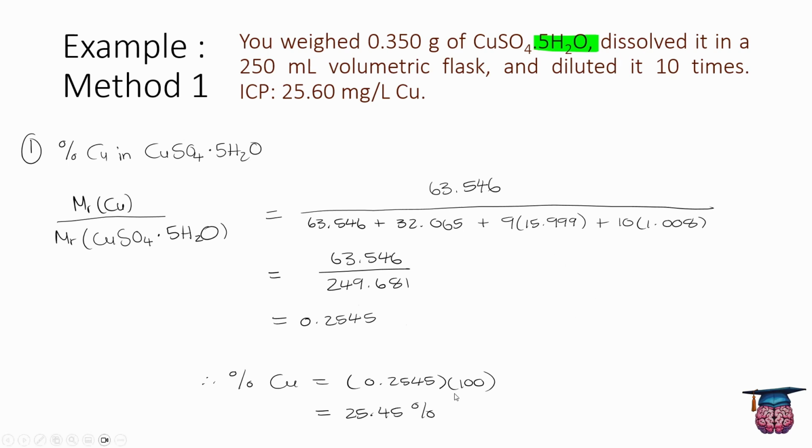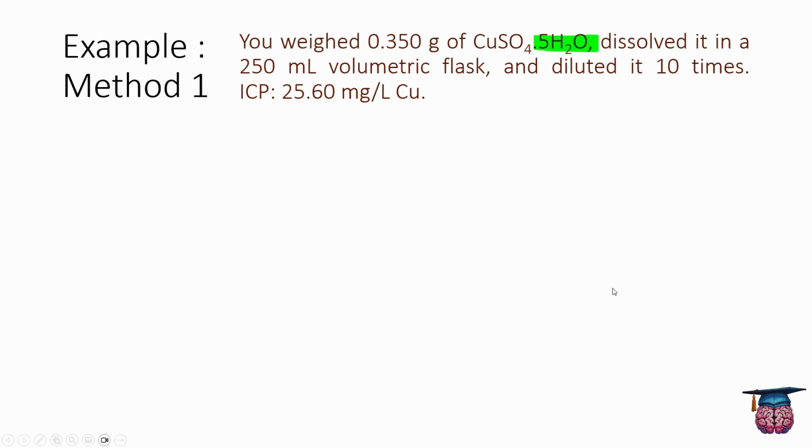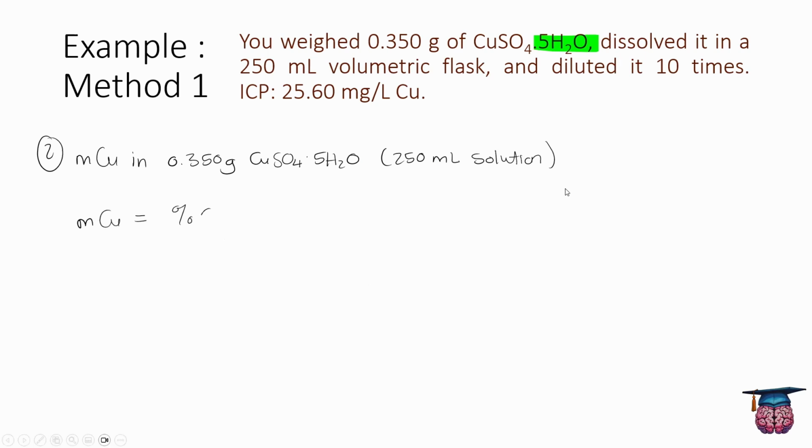Now we are going to use this percentage value to calculate the mass of the copper that we have in this 0.350 grams of copper sulfate pentahydrate, and this is for our 250 milliliter solution. We multiply our weighed sample mass, which is 0.35 grams, with the percentage of copper in this compound.